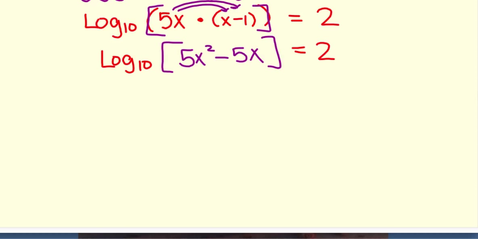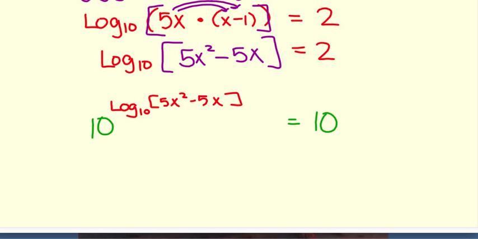Now what I want to do is remove that logarithm of base 10. How do you remove a logarithm of base 10? You can raise both sides to its inverse. So I can raise both sides to the 10th power. So now I have 10 raised to the log base 10 of 5x squared minus 5x equals 10 squared.